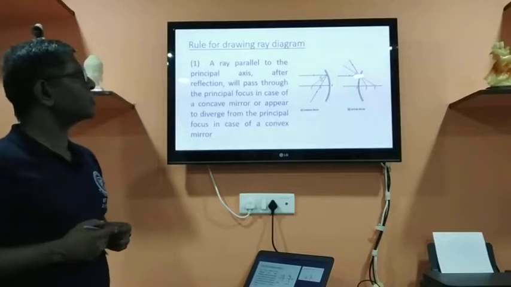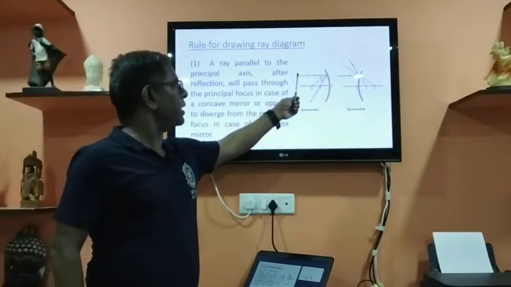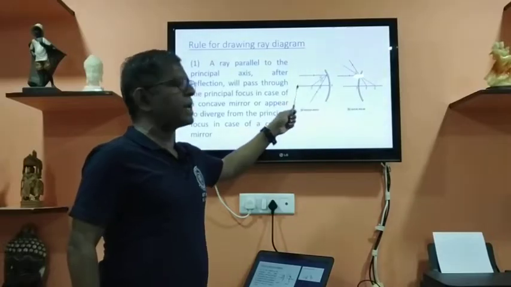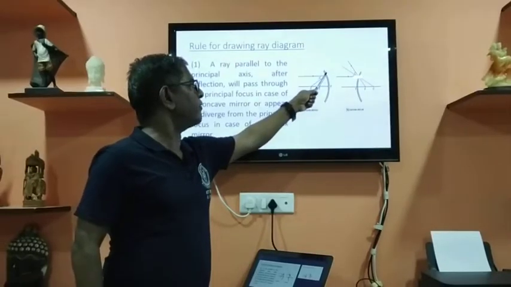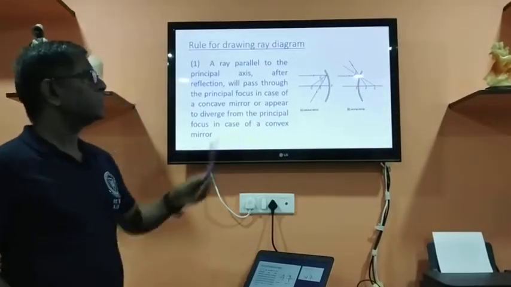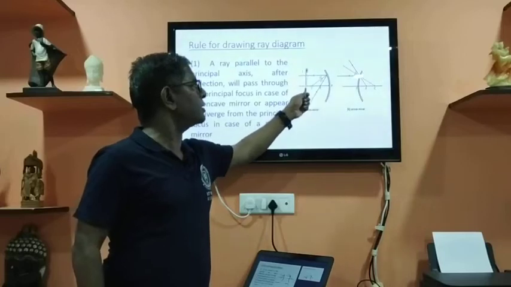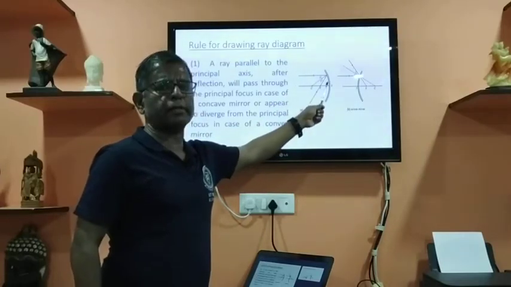So the first rule for the ray diagram is: the ray which is parallel to the principal axis, after the reflection, crosses the focal point. So this line shows the path of the ray which is parallel to the principal axis.